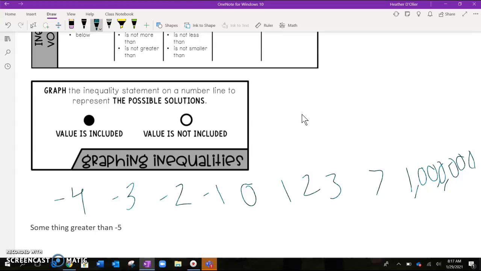I can keep going. I can't do numbers less than -5, and -5 is not included. So if I'm talking about just greater than, this would be an open circle. I'm saying I start there, but that number is not included.